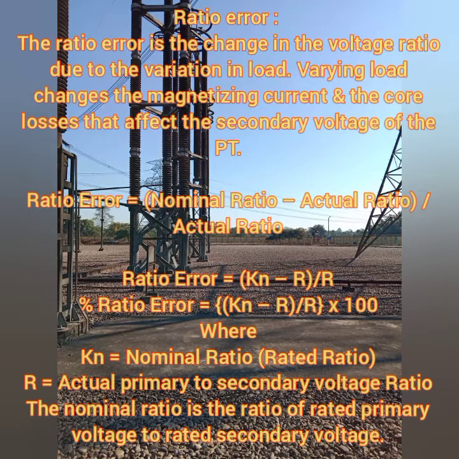Just for example, I am writing ratio error as Kn minus R divided by R, which means Kn is your nominal ratio, R is the actual primary to secondary voltage ratio. Here the nominal ratio is the ratio of rated primary voltage to your rated secondary voltage. These are the three errors.